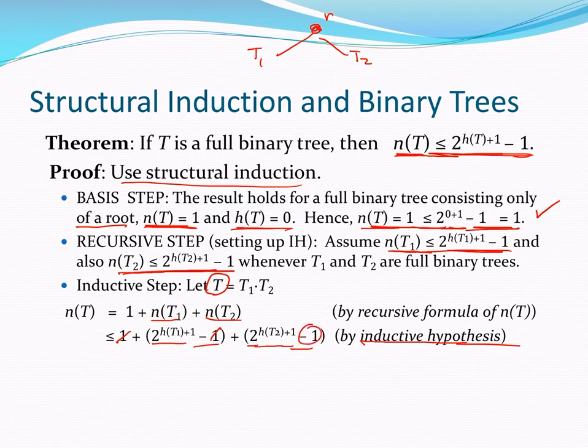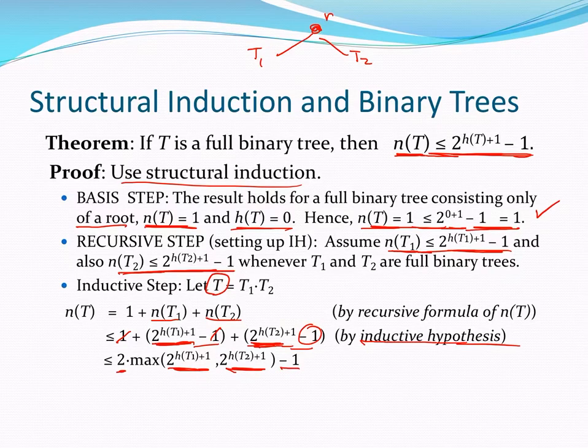And then I'm going to consider another inequality. One of these is potentially bigger than the other, so their sum will be less than or equal to twice the max of these two values. So twice the max of these two values, then minus 1.